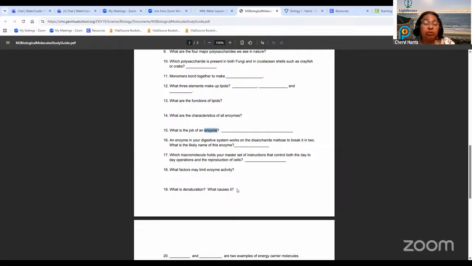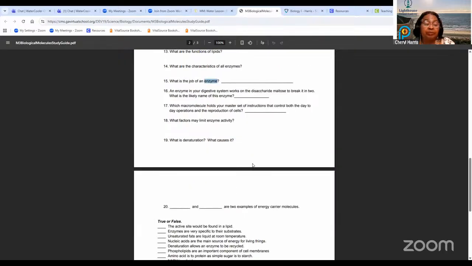It happens because it gets exposed to heat. Everything functions at an optimal temperature, especially proteins. Eggs are protein. Think about when you cook an egg, it changes its shape and you can't get that jelly-like substance back at all. That is denaturing, and that's what happens to an enzyme.